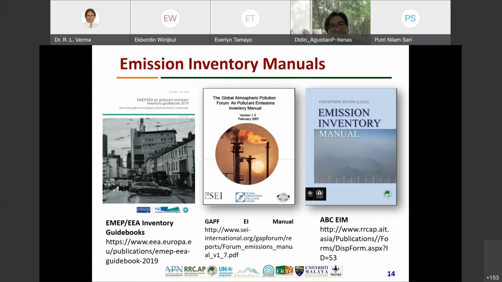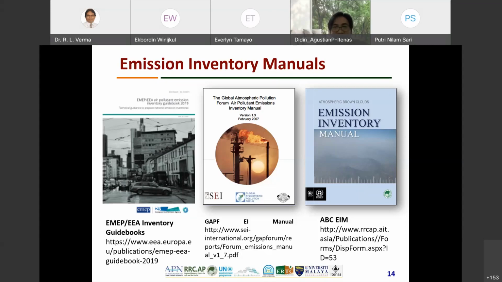These are available emission inventory manuals: EMEP/EEA from the European Environment Agency, and also the GAPF from Stockholm Environment Institute, and also the Atmospheric Brown Clouds emission inventory manuals as part of the collaboration between AIT, previously UNEP RRC.AP and now AIT RRC.AP.